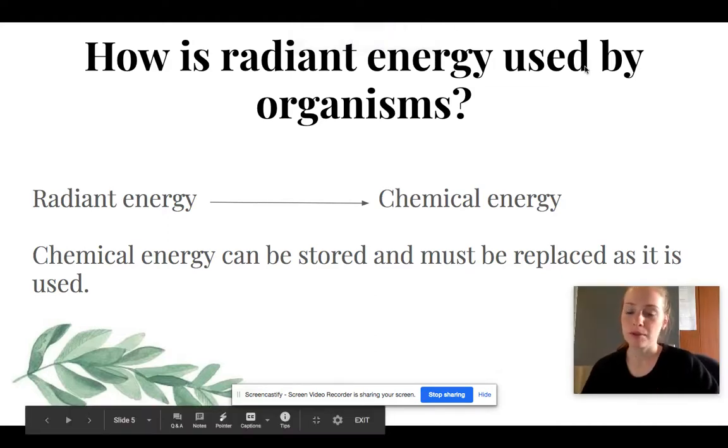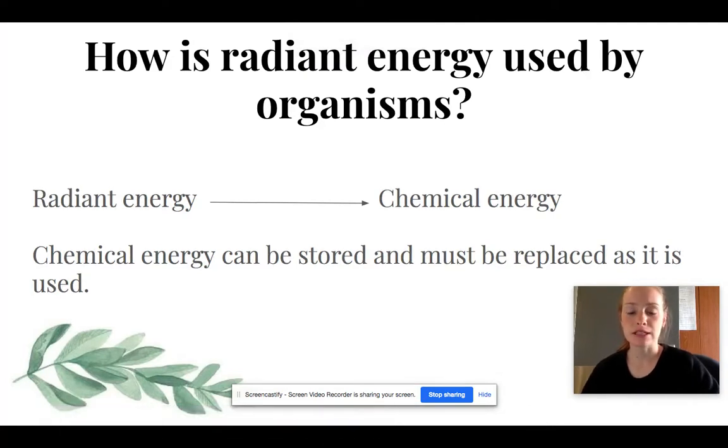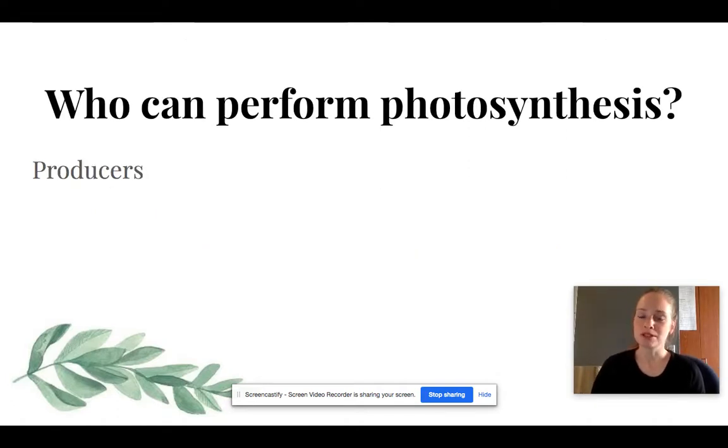Organisms need this chemical energy because they will use it later during cellular respiration, where they perform their functions such as growth, movement, and reproduction. Now, something important to realize is that when us humans go outside and stand in the sun, we cannot produce any chemical energy.